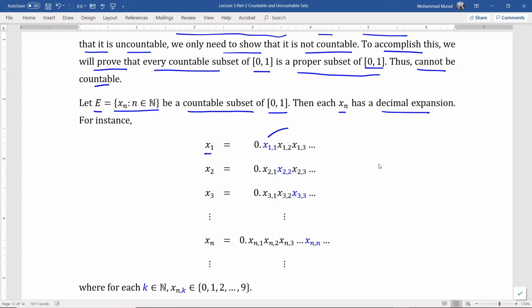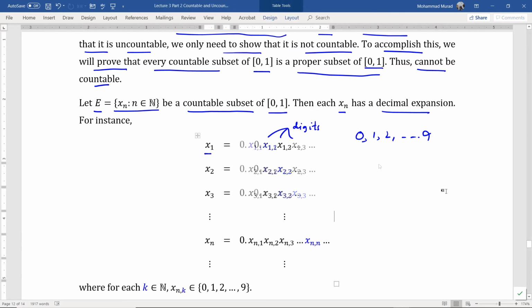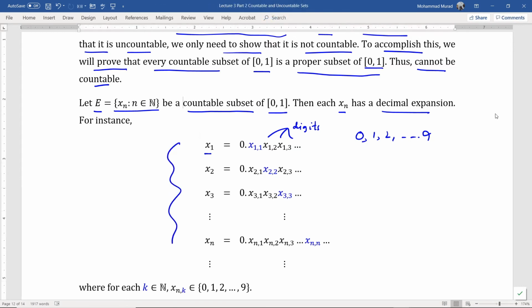So recall, these are digits, which can be from 0, 1, 2, up to 9. Similarly, the elements of E have the following decimal expansions. For each k in the set of natural numbers, x_{n,k} is in the set from 0 to 9. Namely, these elements are digits.